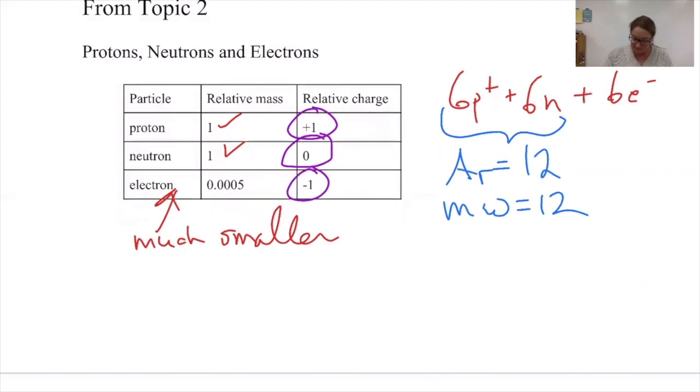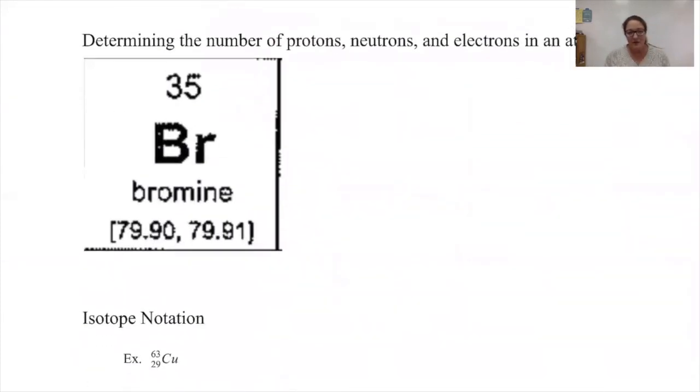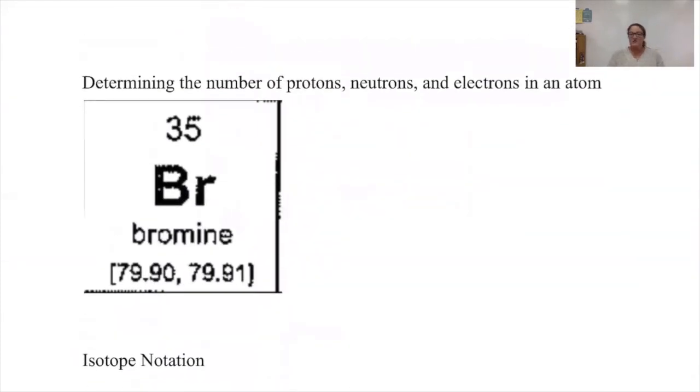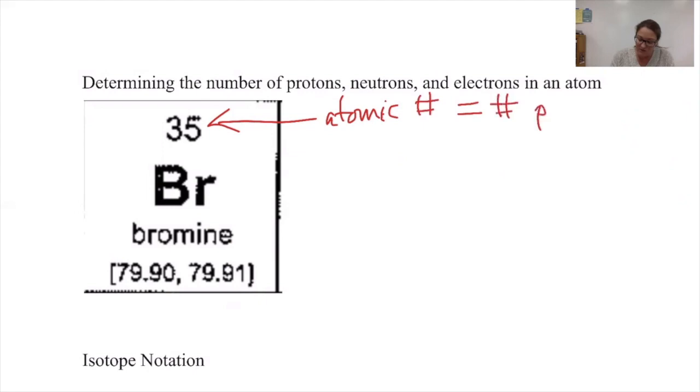Let me explain. So this is how bromine looks on your periodic table. This number up here is the atomic number. And the atomic number for an atom is equal to the number of protons it has. Everything with 35 protons is bromine, and all bromines have 35 protons.